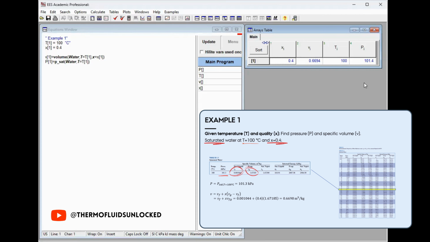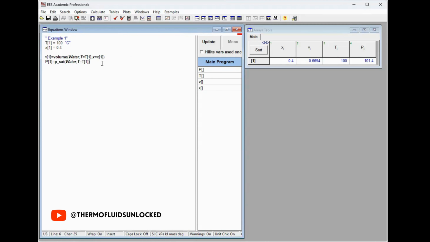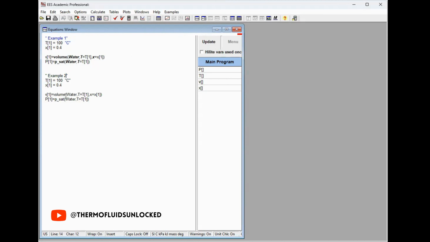Now let's go to example number 2. I'm just copying it to make things run faster. And in example number 2, I have the P given and X, and this is again water, and this time the quality is 0.6, and I'm just taking care of the indexes.